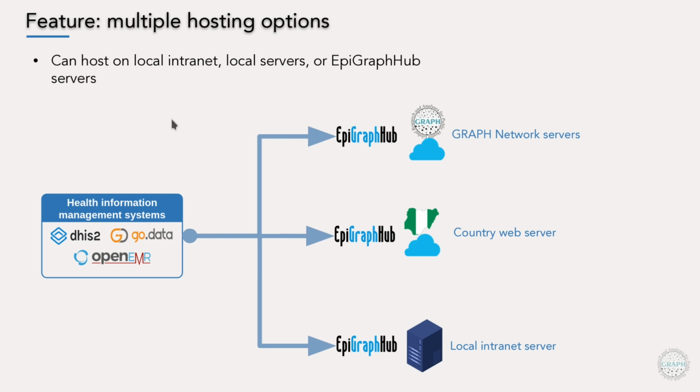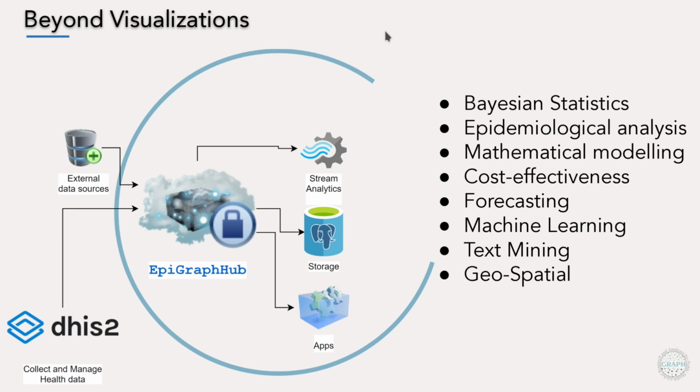So all these options are available, and we believe in maximal flexibility and ease of deployment of our platform in any of these situations. And EpiGraphHub goes beyond visualizations. The EpiGraphHub platform offers Python and R packages full of customized and pre-selected statistical analysis tools that can be used for all sorts of applications. That includes patient statistics, epidemiological analysis, mathematical modeling, cost effectiveness, forecasting, machine learning, and everything you need.